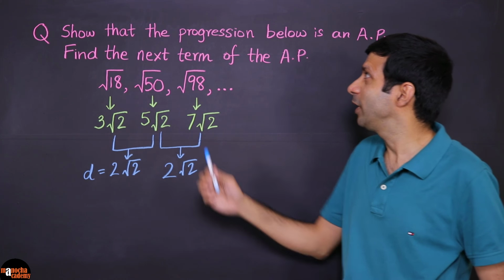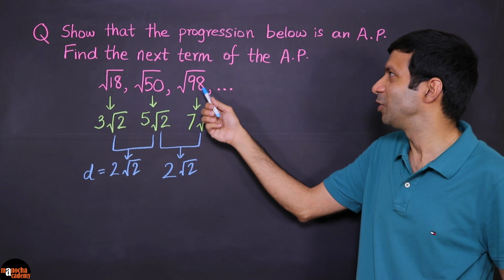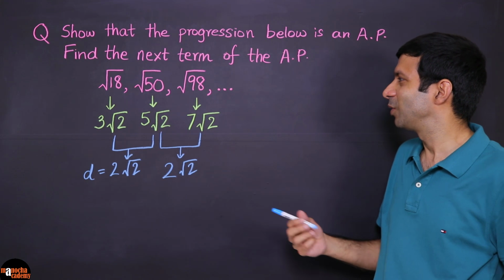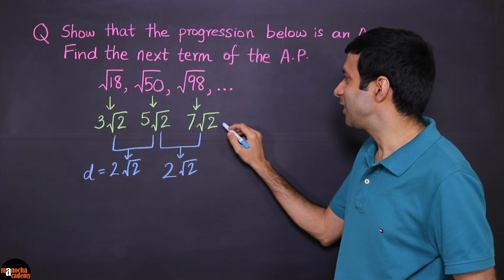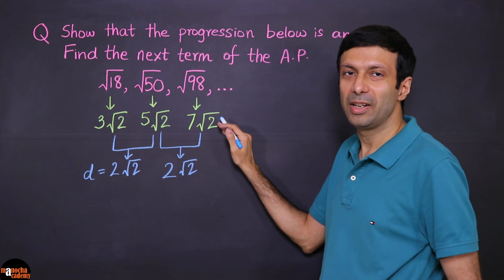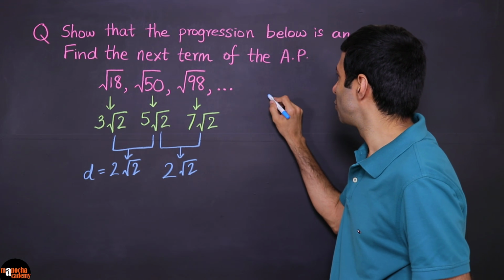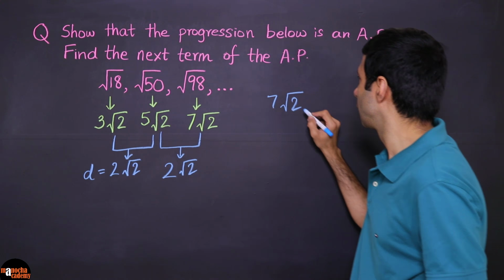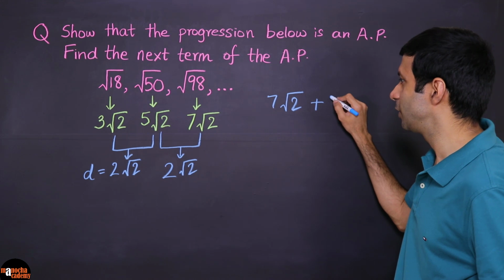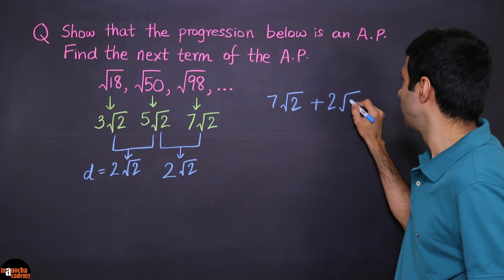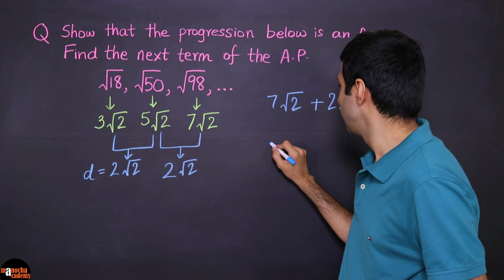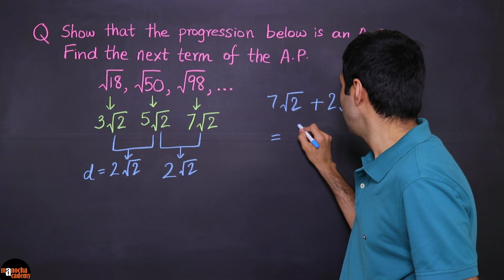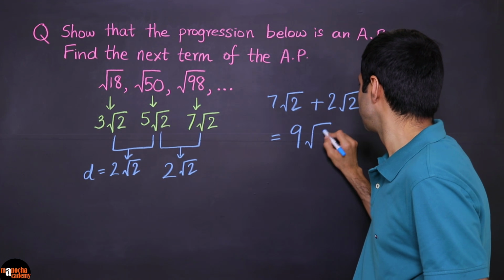And now we need to find the next term of the AP. So what term will come after this? That's pretty simple. To find that term, you just need to add the common difference to this term, right? So it's going to be 7 root 2 plus the common difference d, which is 2 root 2. So what is that term going to be? The next term is going to be 9 root 2.